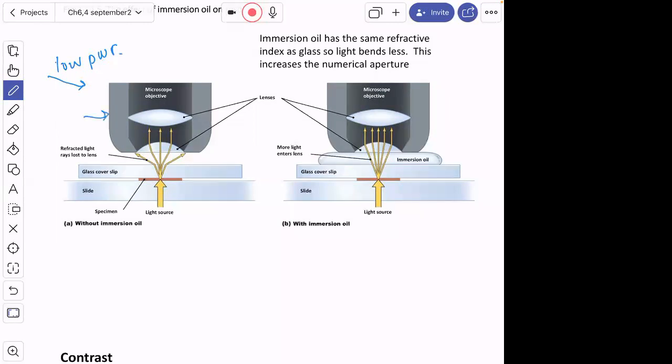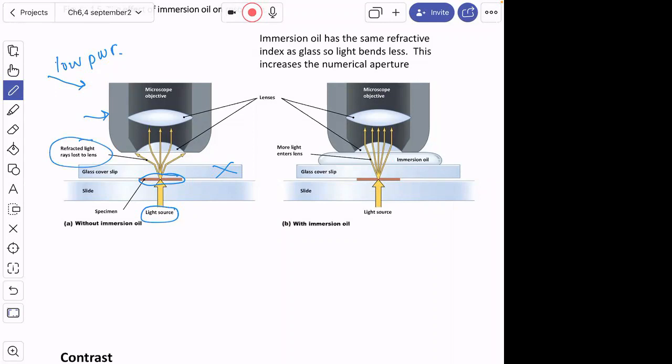Here's the objective at the top, and here's the light coming up through, hitting your cells. Usually we're not going to have a cover slip on there when we're looking at bacteria, but if there's a cover slip, that's fine if you're doing a wet mount. When the light comes up through the glass and hits the air, it's going to refract. When it changes mediums, it's going to bend. That's just the way light acts. So we lose a lot of light that bends off normally.